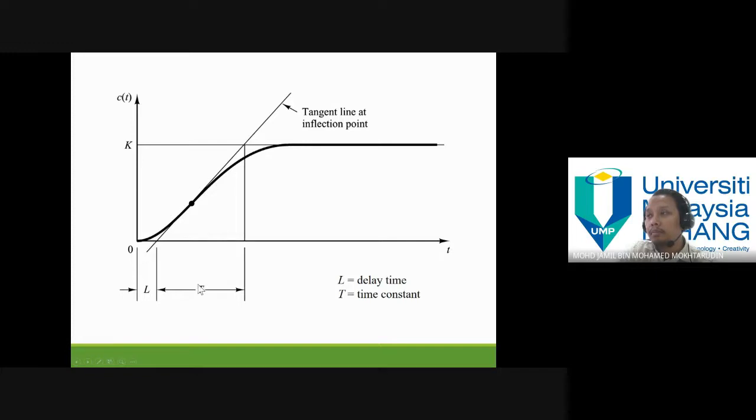The time constant is measured from the L value until the time point where the tangent intersects the steady state value. So we need to know two things, the value of L and the value of T. Later we will do a tutorial and see how we can determine this.